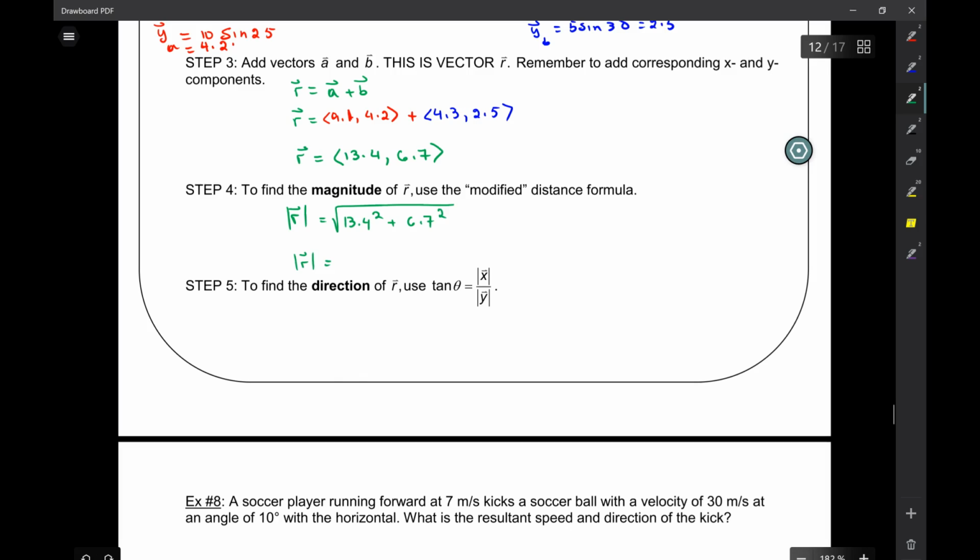And I would like you to be able to put all that in the calculator in one shot, right? And when we do that, what do we get? Anybody? So it's 14.98.